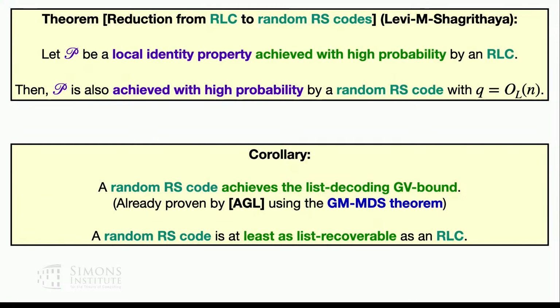I'll say again something that compares our methods. AGL uses a theorem called the GM-MDS theorem. And what they do, from my point of view, is they go over all the bad types. For each type, the GM-MDS theorem tells you that there exists a Reed-Solomon code that does not contain matrices of that type, that manages to avoid that type.